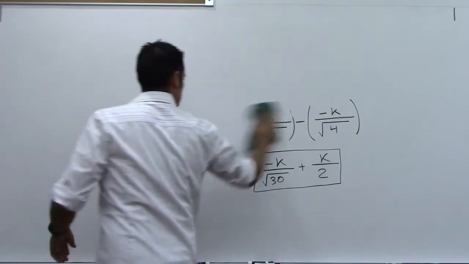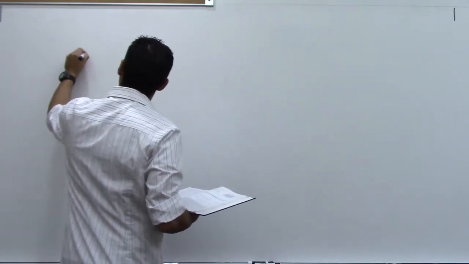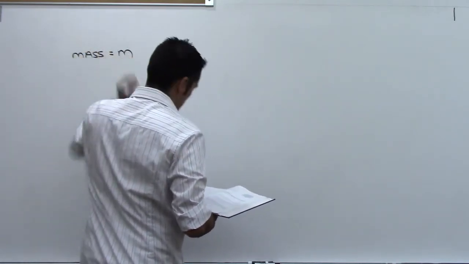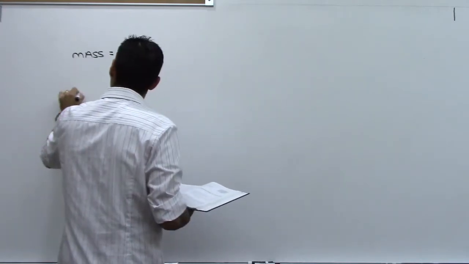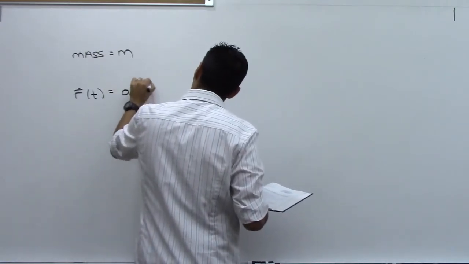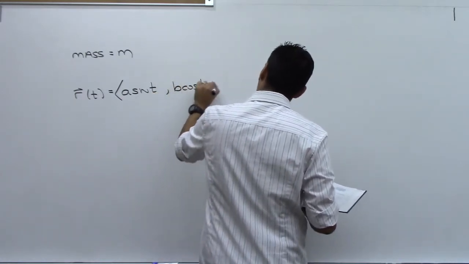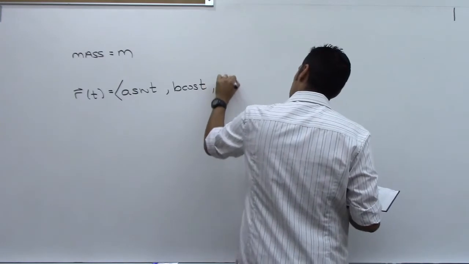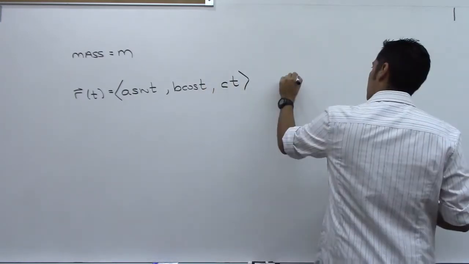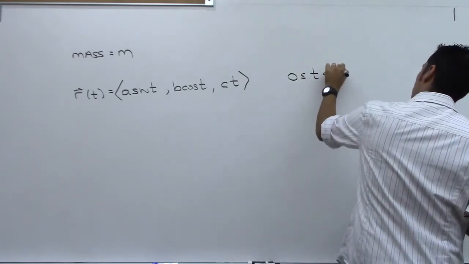For 42, we have an object with mass m that moves with the position function r of t equals a sine t i hat, plus b cosine t j hat, and then c t k hat, on the interval 0 is less than or equal to t is less than or equal to pi over 2.